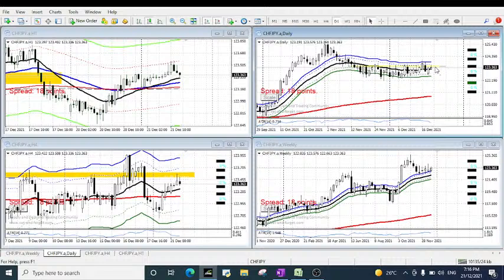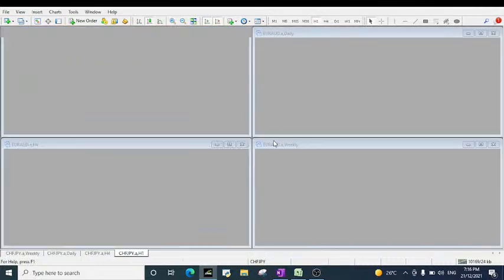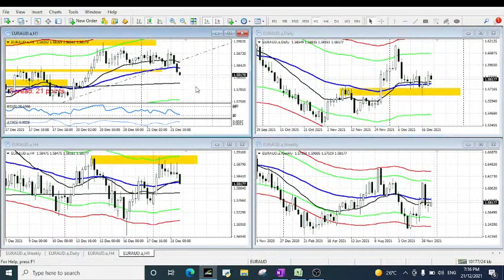Because we are in an uptrend, we can break higher at any time, so it makes sense to trade this zone from the long side. Oh, we're still waiting. Euro Canadian dollar. Ooh, Euro Australian dollar. What is this?